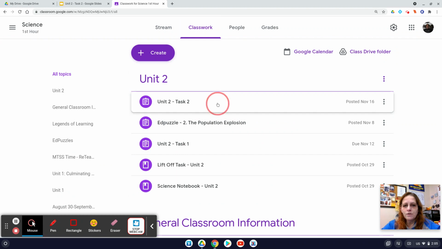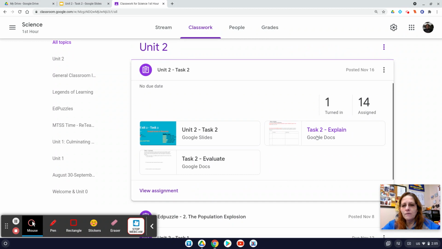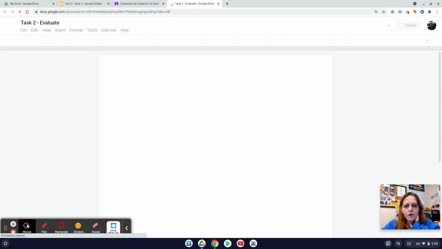So here in Unit 2, Task 2, this is Explain for Task 2, which is overdue, and then Task 2, which you could have done also as a Google Form. And then Evaluate is here. So this is where I want your notes.